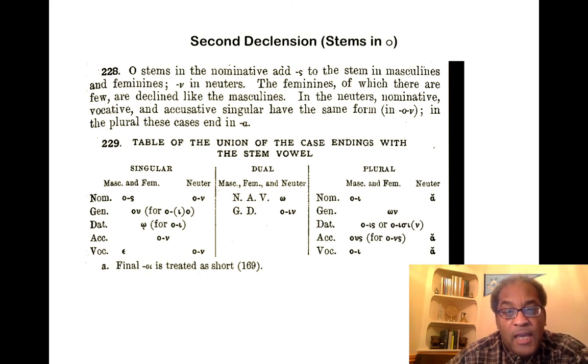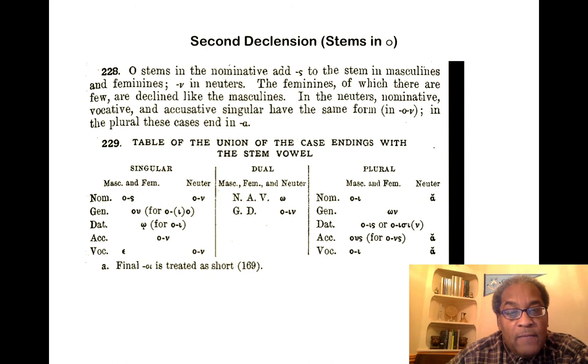So if you look at this table, you can see, starting with the singular, that the masculine and feminine have omicron sigma, whereas a neuter noun will have omicron nu. The genitive will have omicron upsilon, the diphthong, but we will also in Homer see the older form omicron iota omicron.